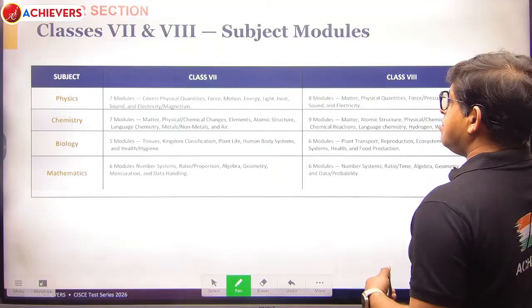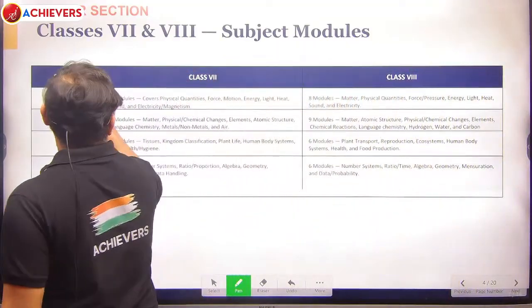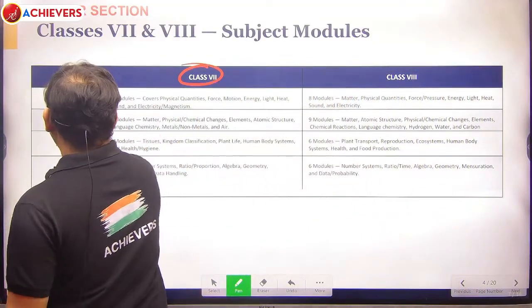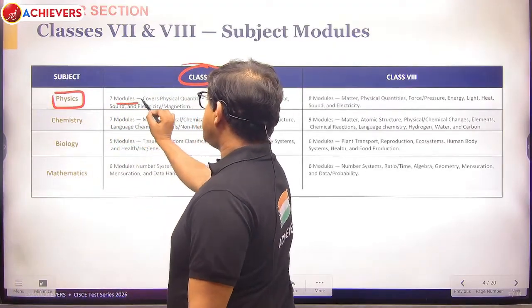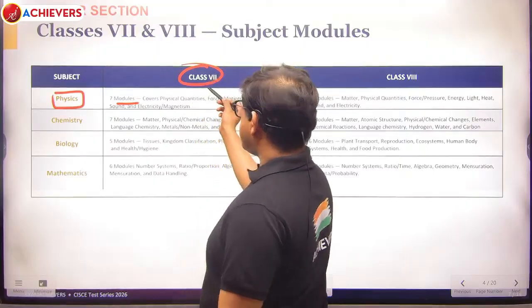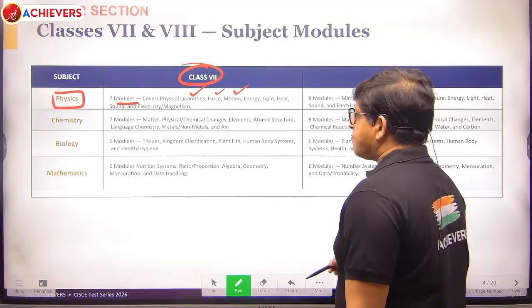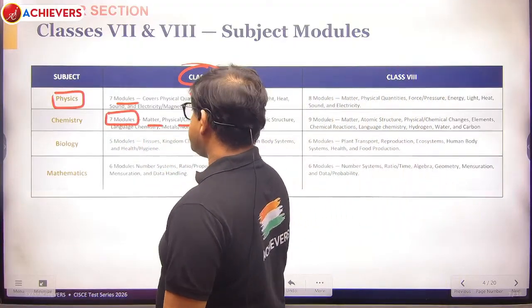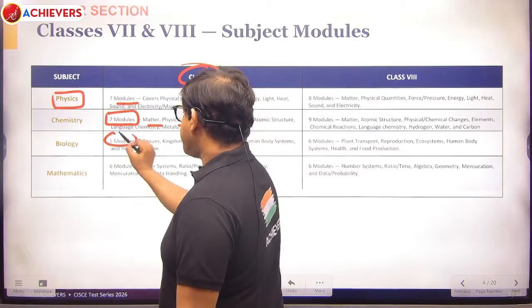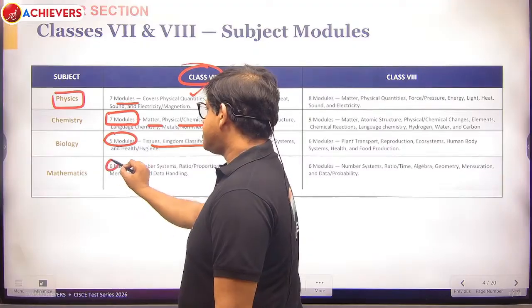Now, for example, for classes 7 and 8, you can find in the CISC class 7 physics, you are going to get the syllabus beforehand. And there are 7 modules, such as physical quantities, force, motion, etc. And for chemistry, there are 7 modules again, like matter, physical and chemical changes, etc. Biology has 5 modules like tissues, kingdom, classification, etc. And mathematics has 6 modules.